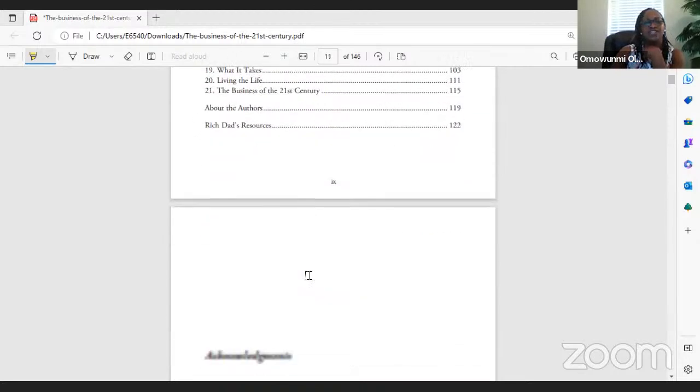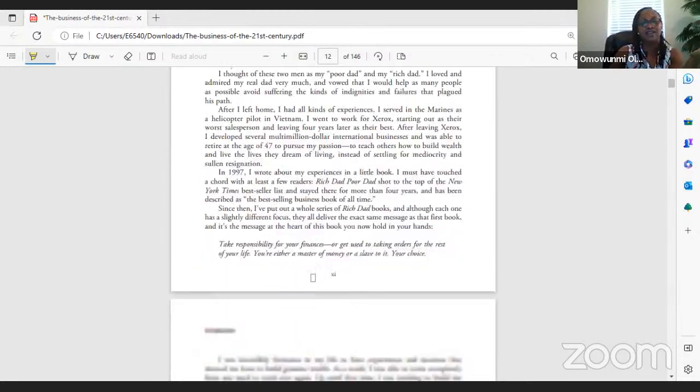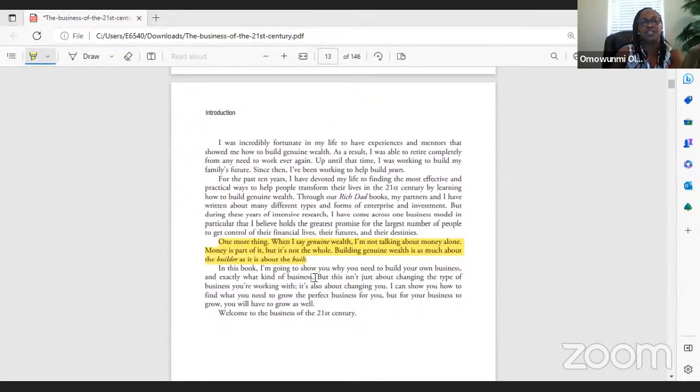I love a point that Robert mentioned here. When you're talking about wealth, when you're talking about the essence of you maybe being in employment, the essence of you trying to do anything to make money at all is embedded in the fact that you want to build a future.